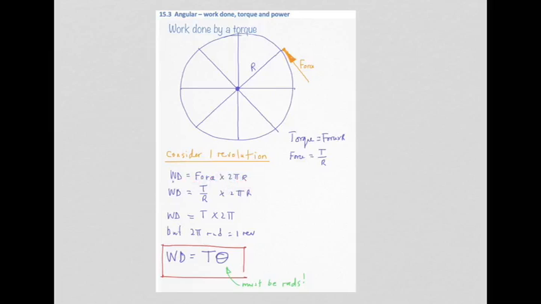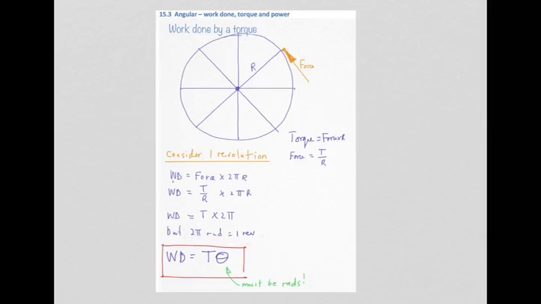And force, after all, is torque over radius. Where does that come from? Well, torque is force times radius. So force multiplied by radius is torque. So we can replace force with torque over radius. The two radii terms can cancel out, and we are left with torque times 2 pi. But now, if we remember what we did moments ago, we learned that 2 pi radians was indeed 1 revolution, which is the distance that this machine turned through.